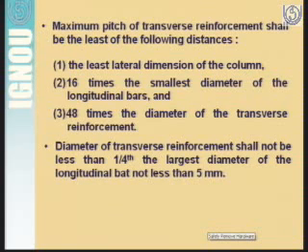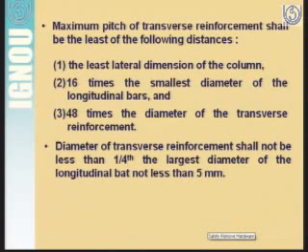Now continuing with this transverse reinforcement, the code specifies that the maximum pitch of transverse reinforcement shall be the least of the following distances. First, the least lateral dimension of the column. Second, 16 times the smallest diameter of the longitudinal bars.